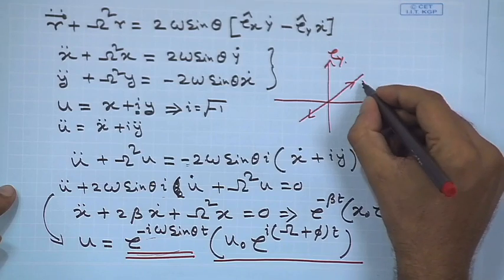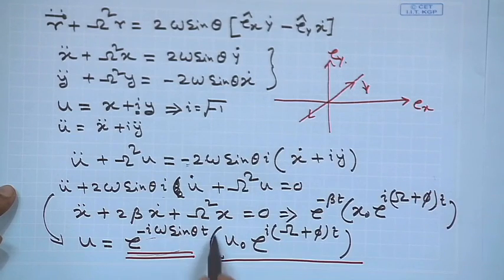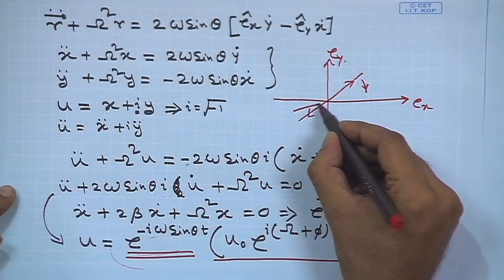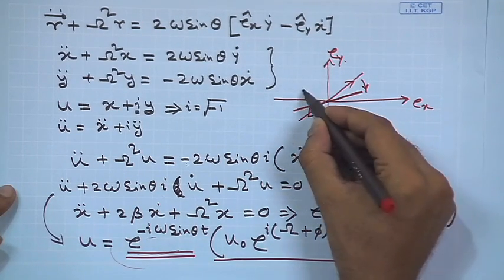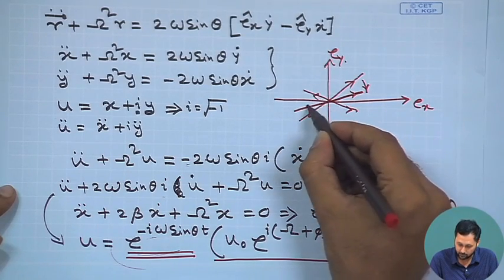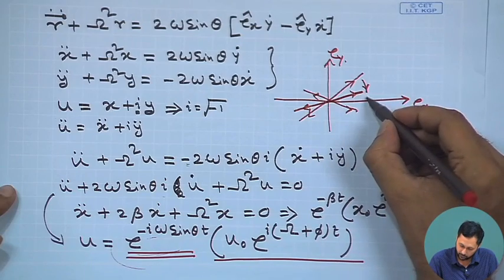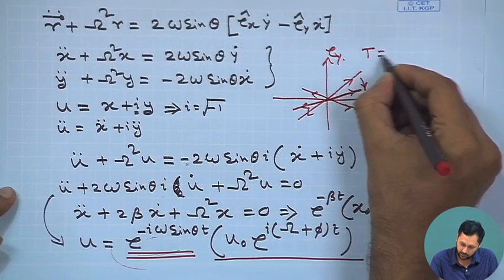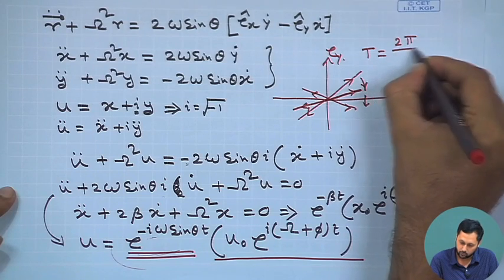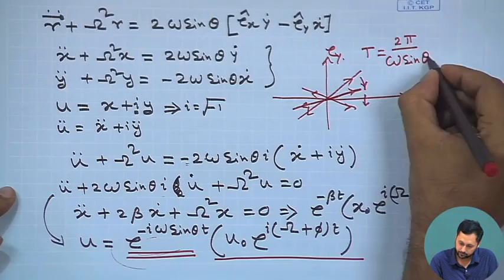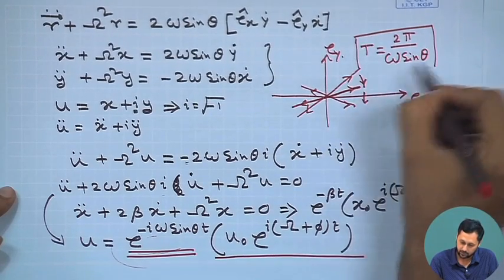Having this term in the solution means the whole thing will oscillate. So, the plane of the pendulum will also oscillate with time. This plane itself will oscillate in a particular direction with a time period T, which will be given by 2 pi by omega sin theta.